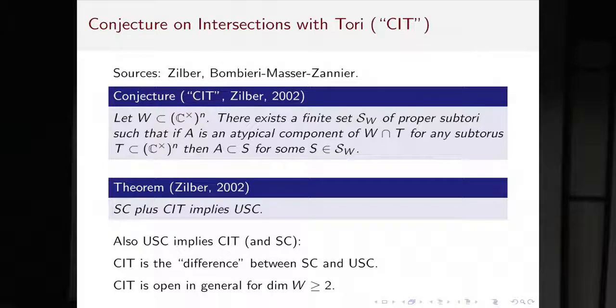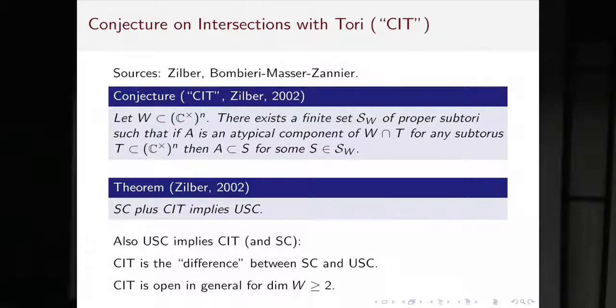Let W be a subvariety of C star to the n, then there's a finite set of proper algebraic subgroups such that any atypical component of any intersection of W with an algebraic subgroup is contained in one of those. There are somehow finitely many reasons for atypical intersections. And Zilber showed that this CIT is somehow the difference between Schanuel's conjecture and its uniform version. So SC plus CIT implies USC, and USC implies the other two.